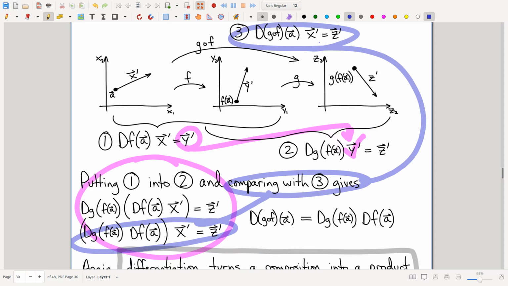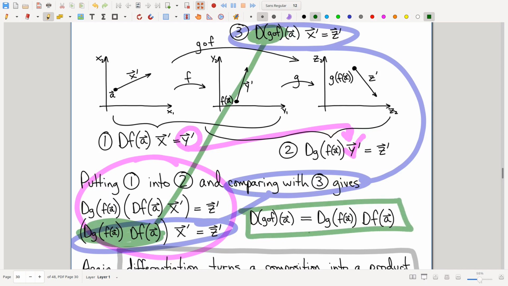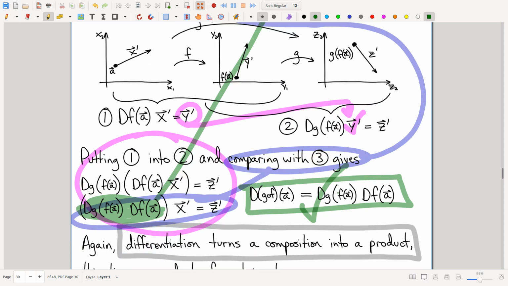It turns x prime into z prime. And just look at that and look at this. That means that these two things have to be equal, and thus we get our multivariable chain rule. All right? Multivariable chain rule.